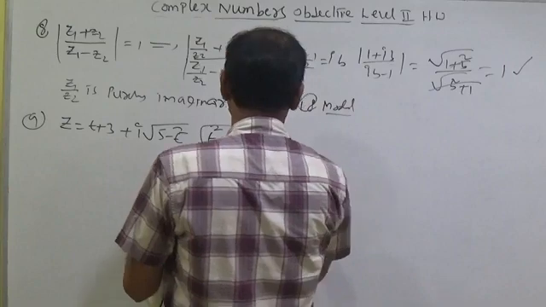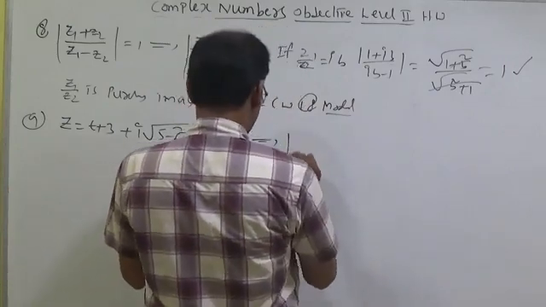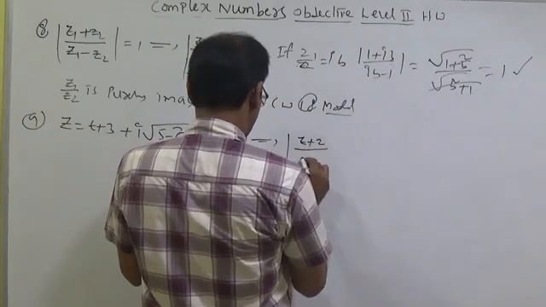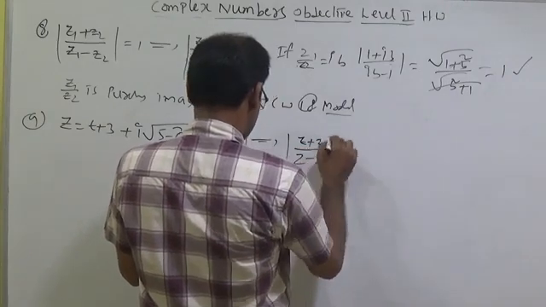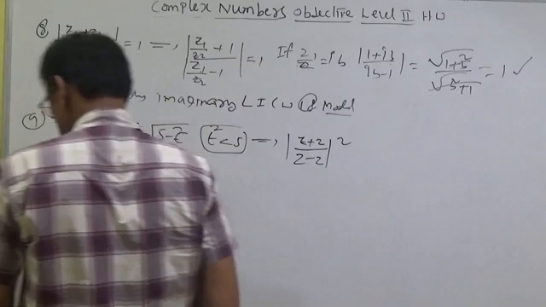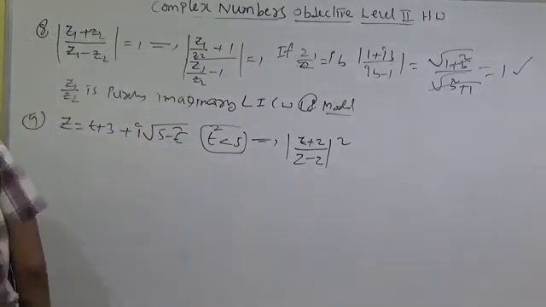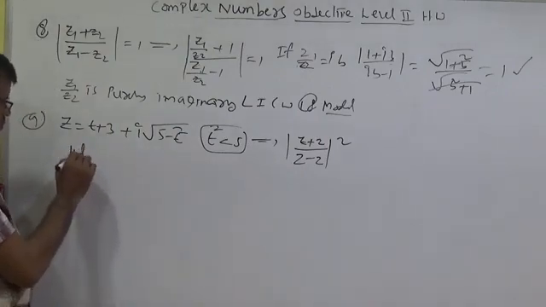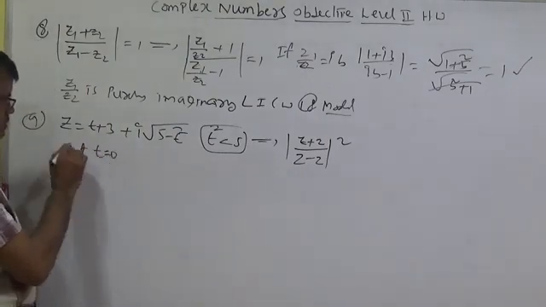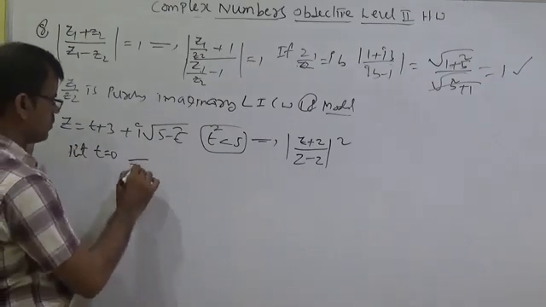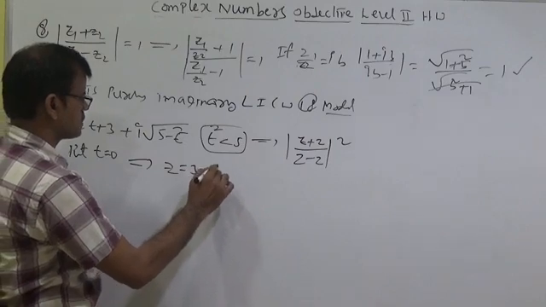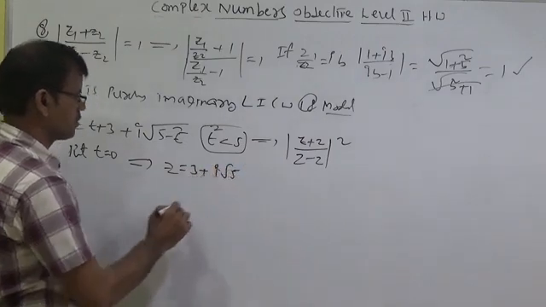We can take a shortcut by putting T equal to 0. Now find the modulus of (Z plus 2 by Z minus 2) whole square. Put T equal to 0, that implies Z is equal to simply 3 plus iota root 5.